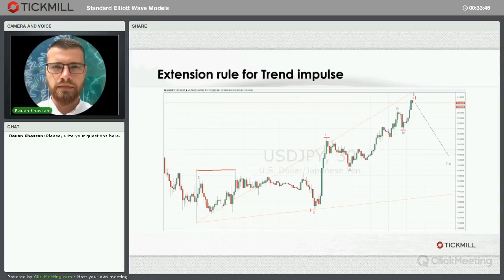Going back to the extension rule as a general idea behind trend impulse, the third option for extension is wave 5. It is believed that the extended fifth wave is the rarest example in Elliott wave analysis.